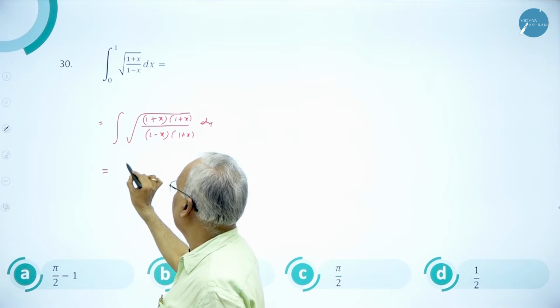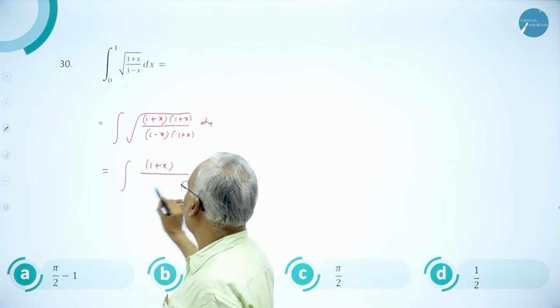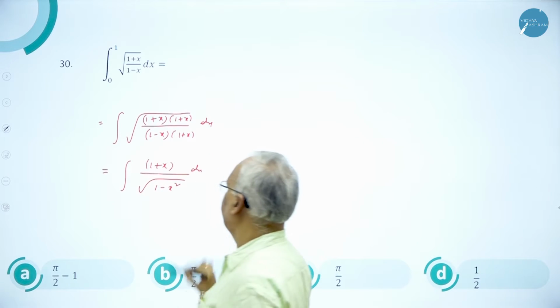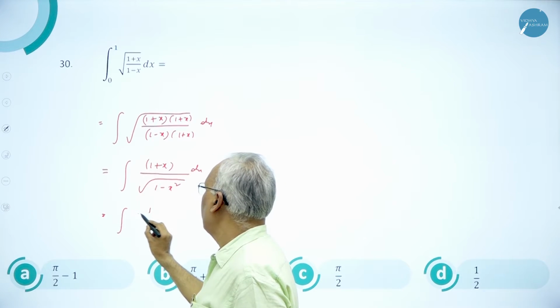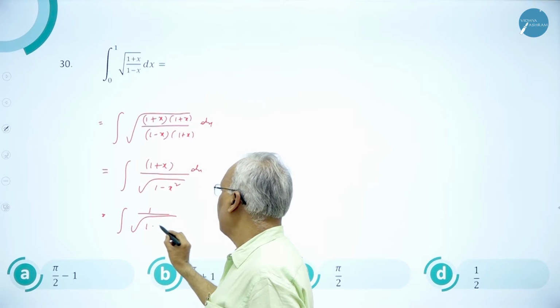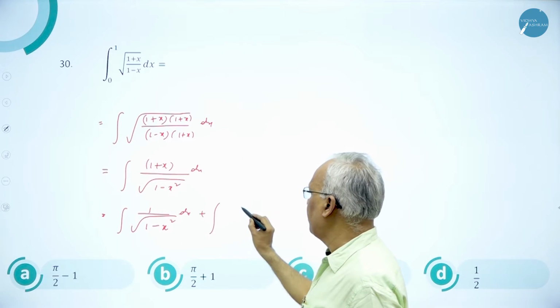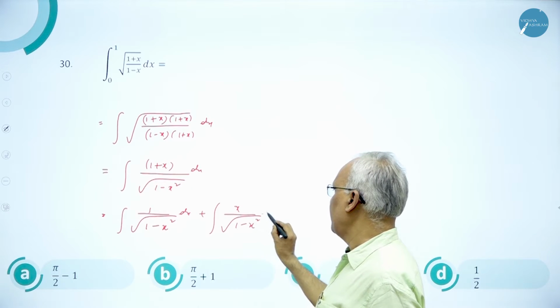It becomes integral of square root of 1 plus x whole squared, which is 1 plus x, divided by square root of 1 minus x squared into dx. Now this can be written as integral of 1 over square root of 1 minus x squared dx plus integral of x divided by square root of 1 minus x squared.